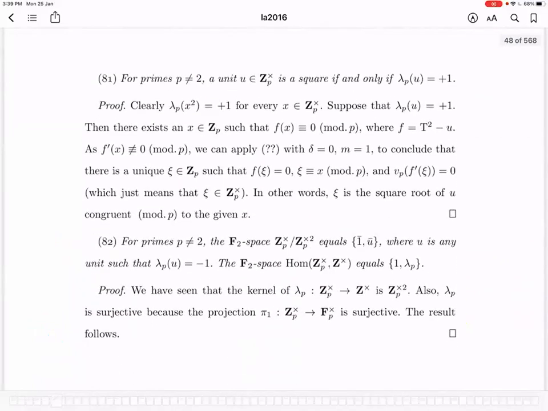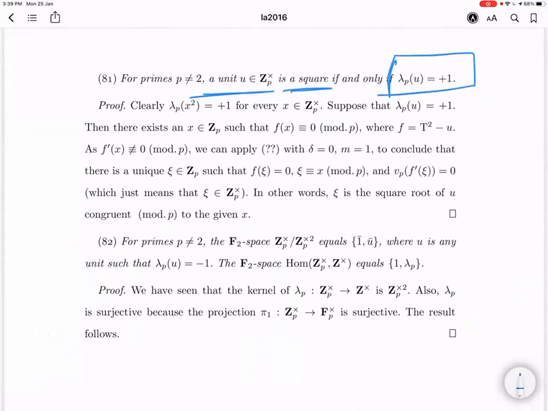Okay, so now I have a criterion for a unit to be a square. It's a square if and only if lambda p of that unit is equal to +1. Of course, p is an odd prime. Otherwise, lambda p doesn't make sense.